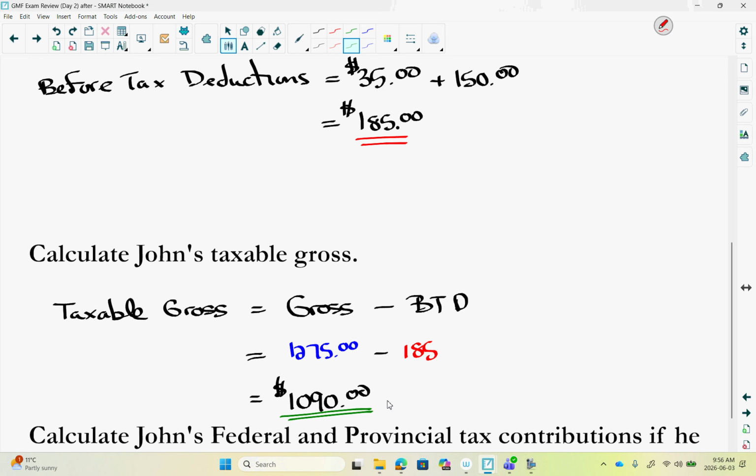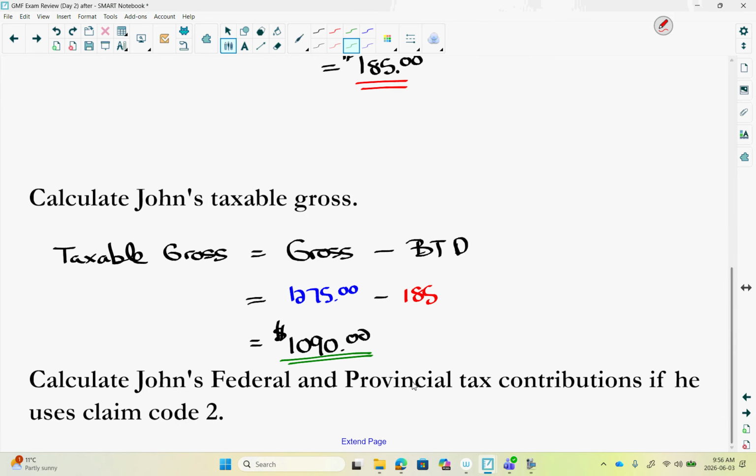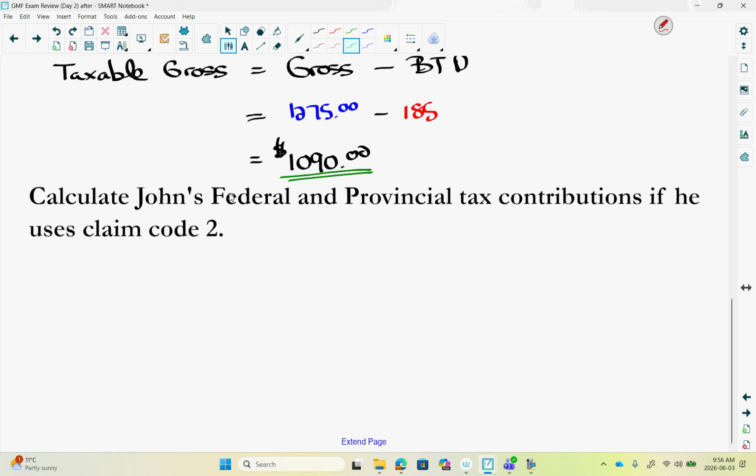So there's more money coming off his check, and it goes to the provincial government and the federal government. How do I figure that out? Well, I need to know these things. I need to know the taxable gross. That is $1,090.